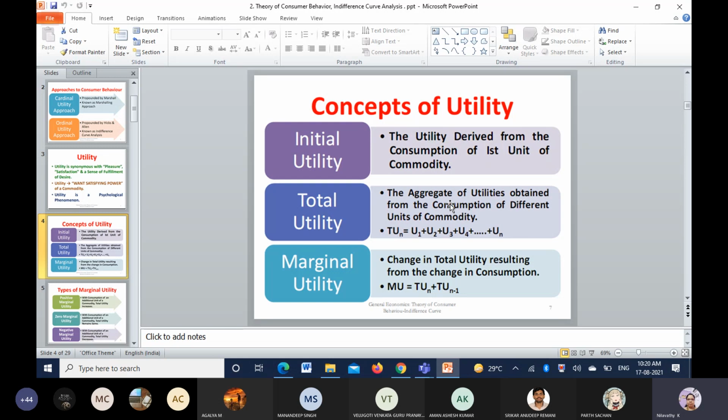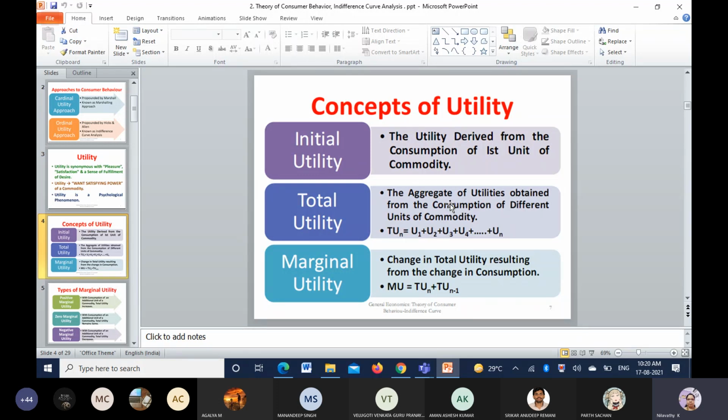You can have your own measurement of a unit, but it should be the same. The unit should not differ. What do you get when the very first unit is consumed or enjoyed? How do you feel? That is the initial utility.